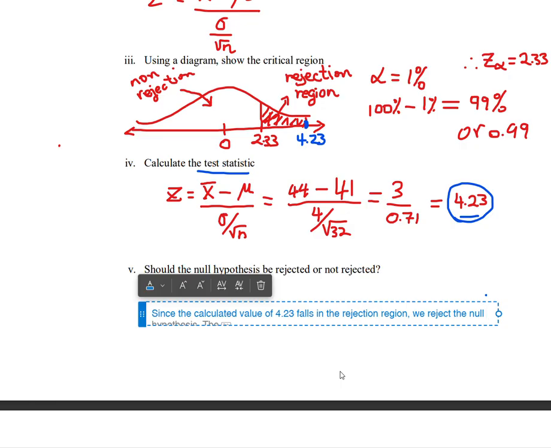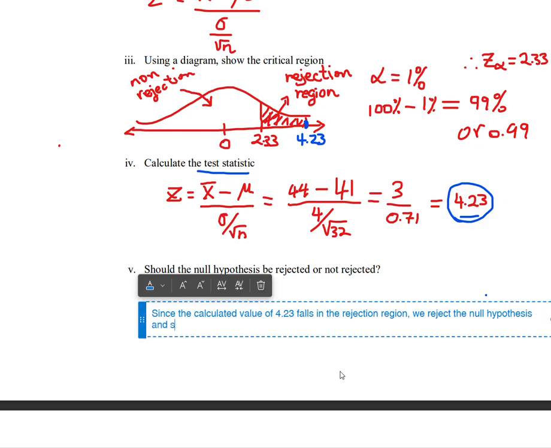But in this case, the calculated value falls in the rejection region, so we will reject the null hypothesis. And since we are rejecting the null hypothesis, it means by default that we're supporting the alternative. So we say, and support the alternative hypothesis.